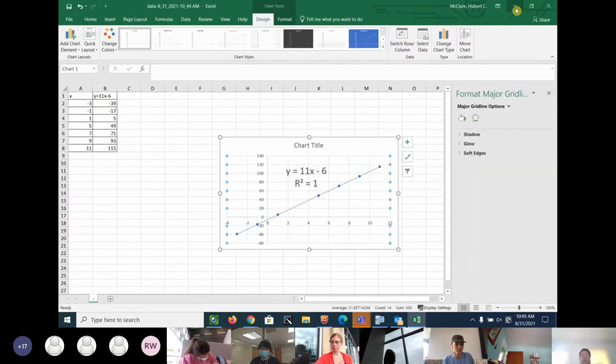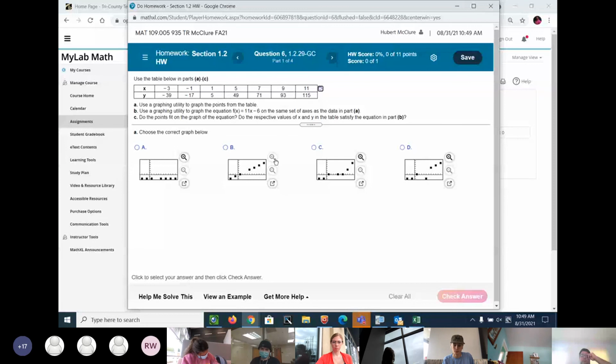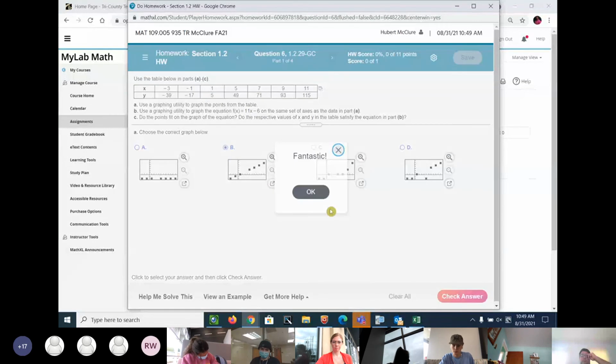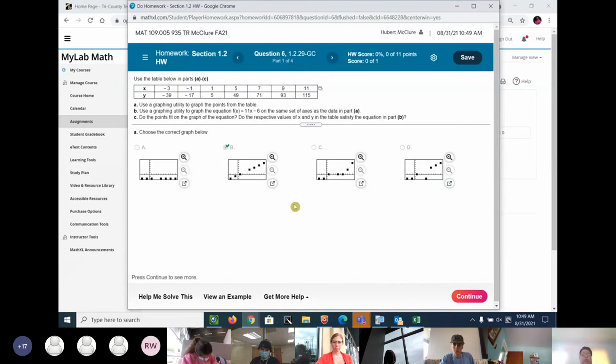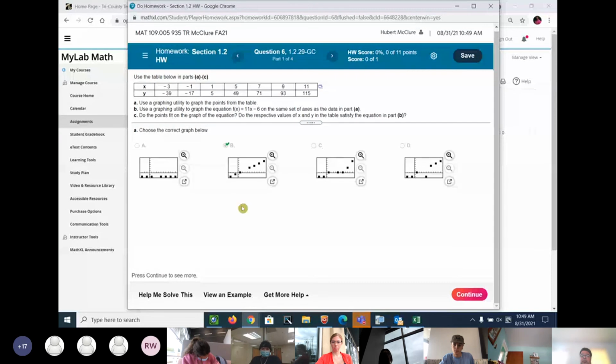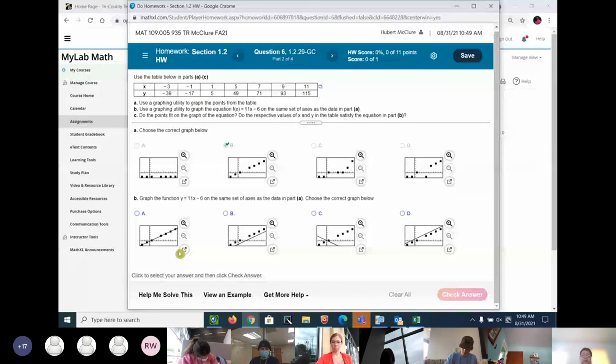Now let's see what they want. Well, it looks like B. We graphed it. B: use a graphing utility to graph the equation on the same set of axes. Okay, well, that's going to look like this right here. Do the points fit?